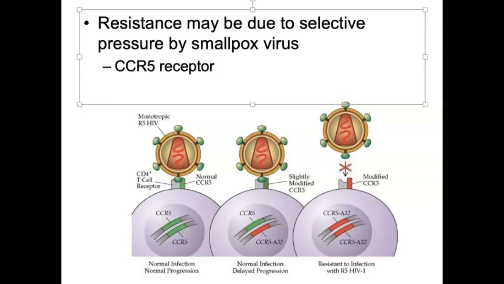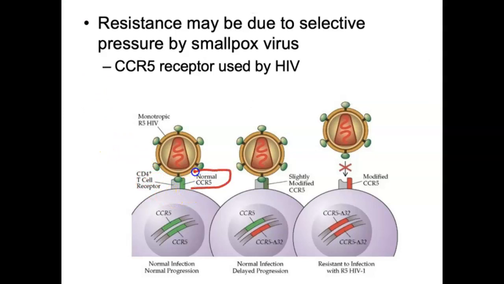Okay, so the key here is this thing called the CCR5 receptor. This is the critical receptor for HIV to get into the cell, to recognize the host cell. So right there, CCR5.